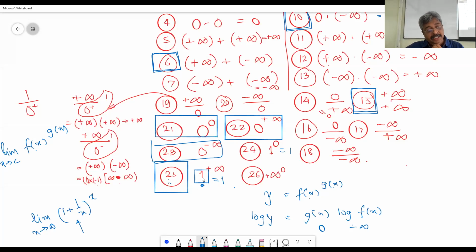But if it is a little less than 1, then it will tend to 0 by taking a higher power. If the base was a constant 1, the answer would have been 1, but this is 1 plus small or 1 minus small, and that makes it indeterminate.